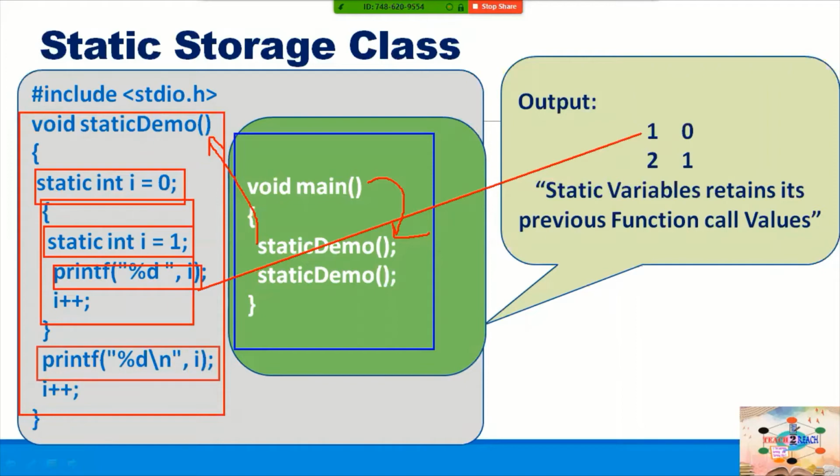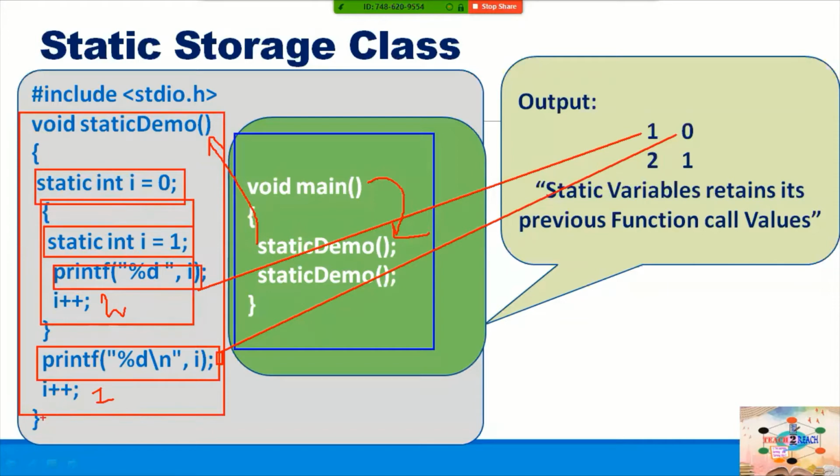Here the i value is the outer block i value, that is 0, and that 0 will be displayed. Then i plus plus. After displaying the i value, i plus plus means the i value will now be 1.